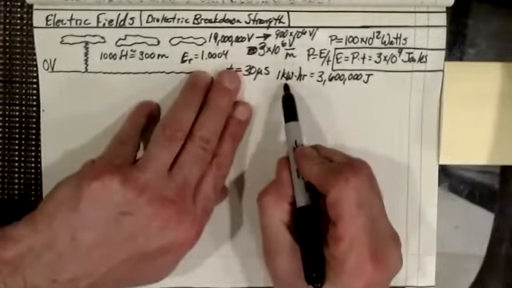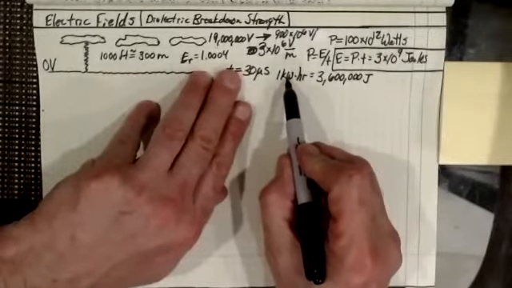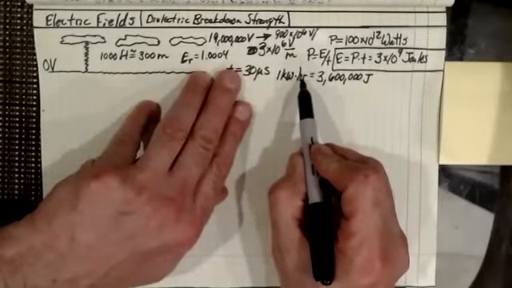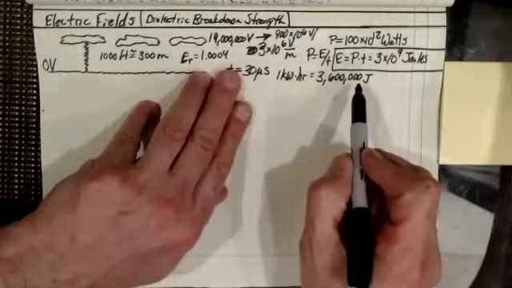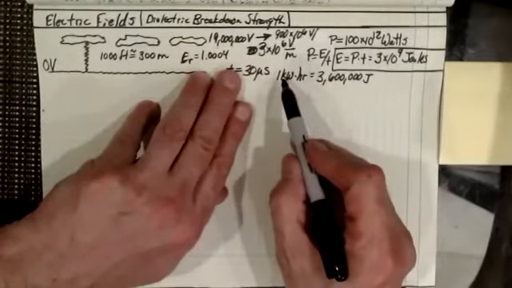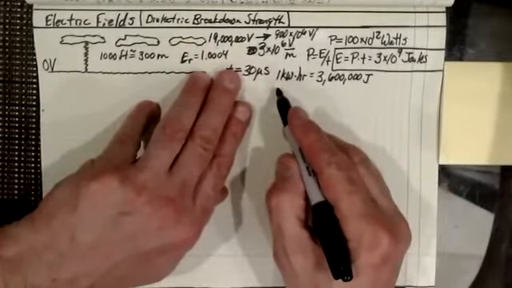A kilowatt hour: there are 1,000 watts in a kilowatt and 3,600 seconds in an hour. So 3,600 times 1,000 gives me 3.6 million joules in 1 kilowatt hour.